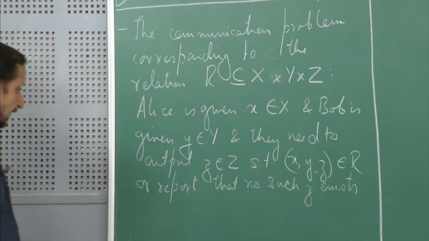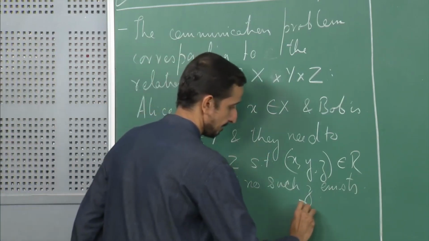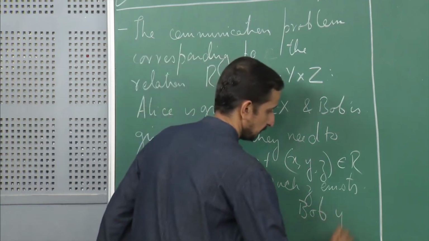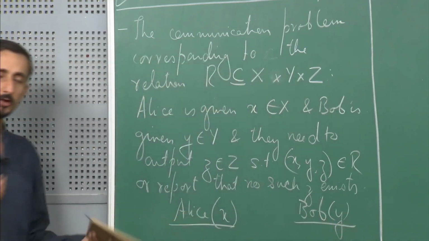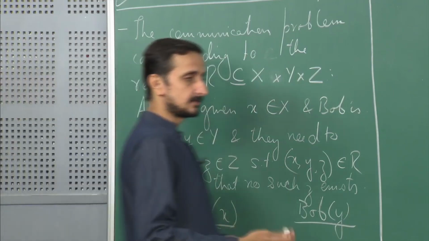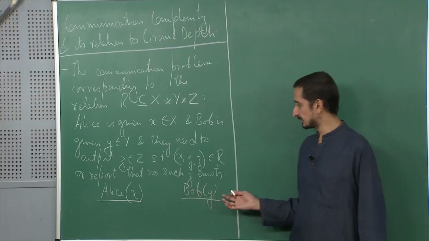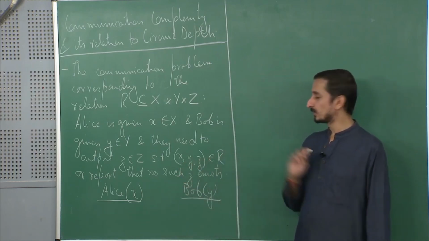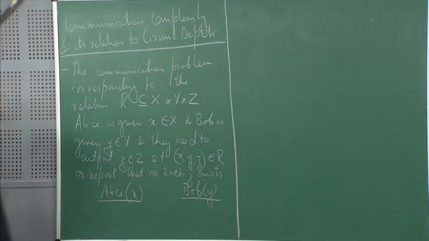Okay, so we have two parties, Alice and Bob. Alice has X, Bob has Y. Okay, and now they need to communicate. Of course Alice doesn't know what Y is and Bob doesn't know what X is. So they need to communicate bits among themselves and figure out a Z such that XYZ belongs to R, if such a Z exists. And if Z doesn't exist, they need to say such a Z doesn't exist.